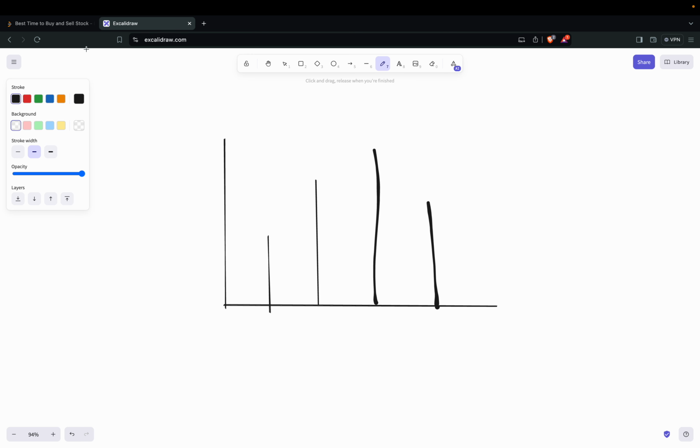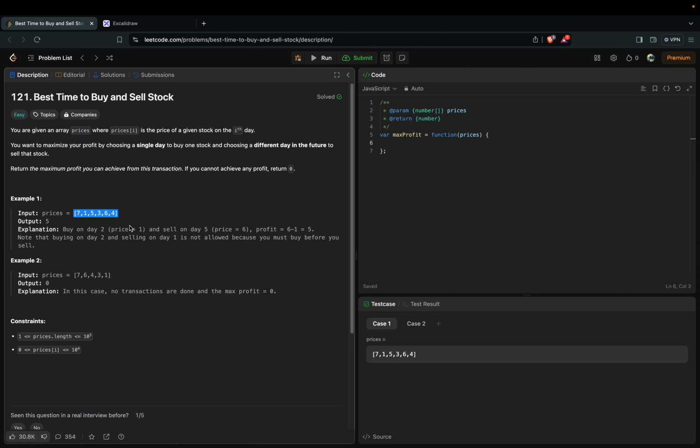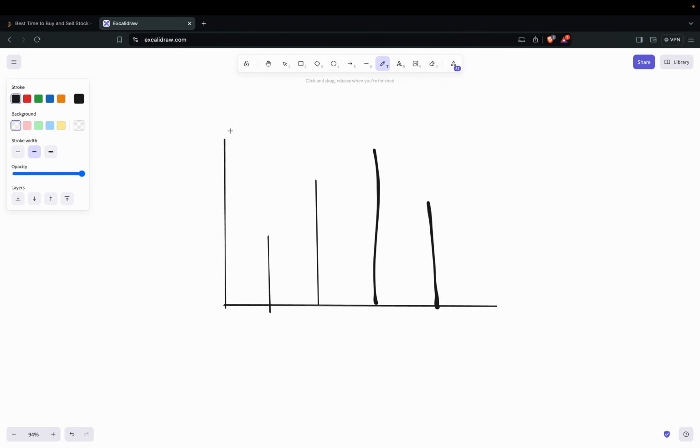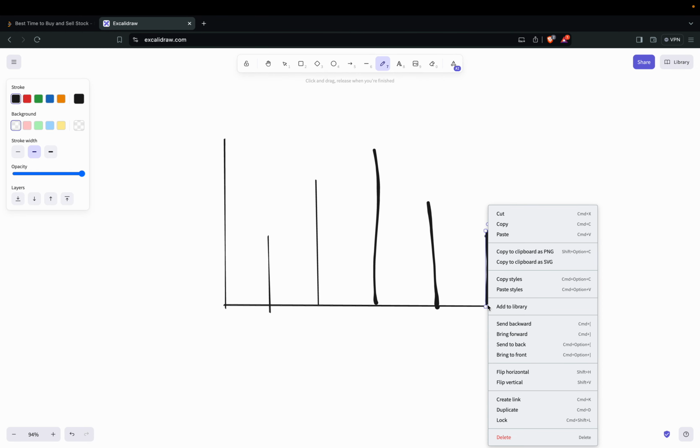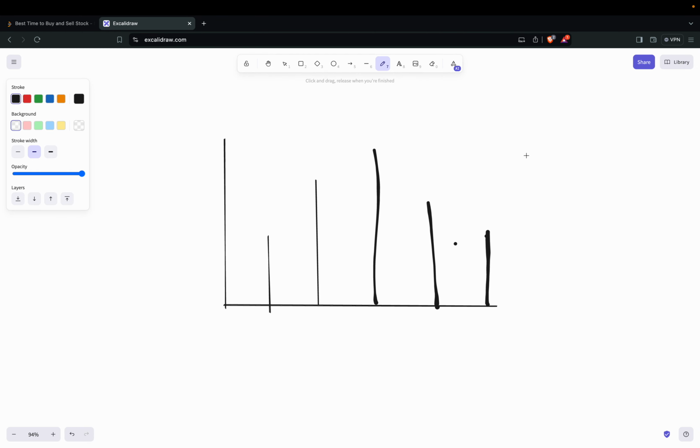One thing we can do is go with brute force. We would compare 7 with every element in this array. It is understood that we should compare with the future, so we will come to this element, and we will not compare backward, we will compare it with all the upcoming days.